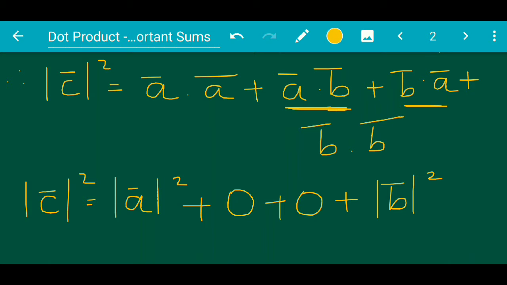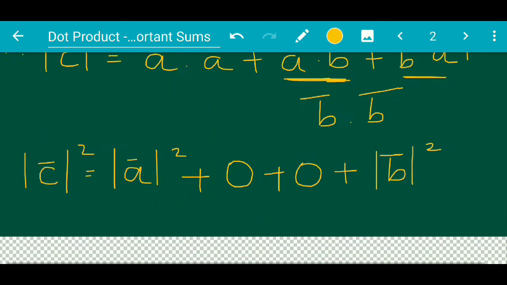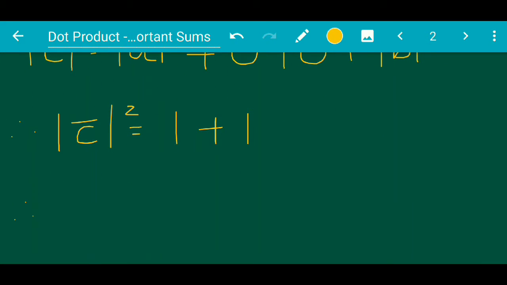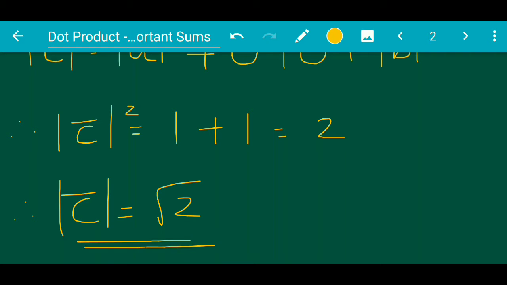Now again from the question, mod A and mod B are given as 1. So therefore we get mod C square is equal to mod A square becomes 1 square, that is 1, and mod B square again becomes 1. So therefore taking square root on both the sides, this becomes 2, and therefore we have mod C bar is equal to root 2. So thus we get the value for mod C.